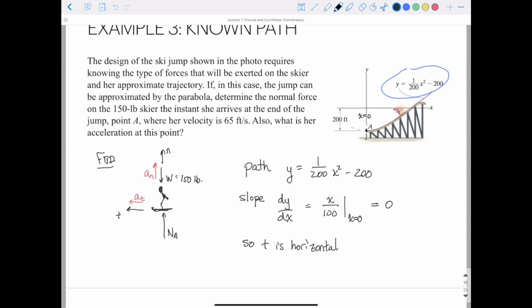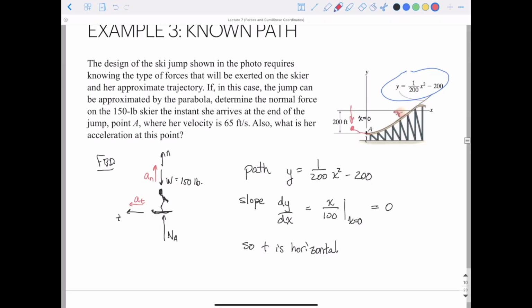Thank you. Gravity is always going to be acting in the vertical direction. And if the skier is jumping from somewhere else, maybe the ski jump continues and they're jumping from over here, now gravity is in this direction and our normal direction is over here. We might have N in this direction, T in this direction.